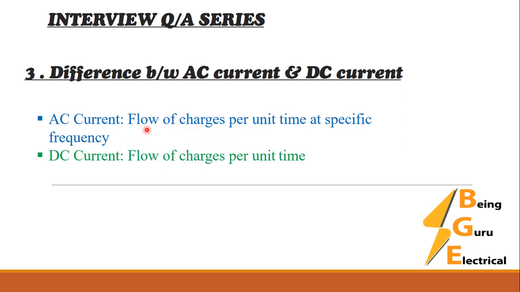We have the same formula, I is equal to Q divided by T, charges per unit time. But in case of AC, what's the difference? It's the specific frequency. In DC current, it is the flow of charges per unit time, I is equal to Q divided by T. And AC current is also the flow of charges per unit time, the same, but at a specific frequency. So this is the difference between AC current and DC current.